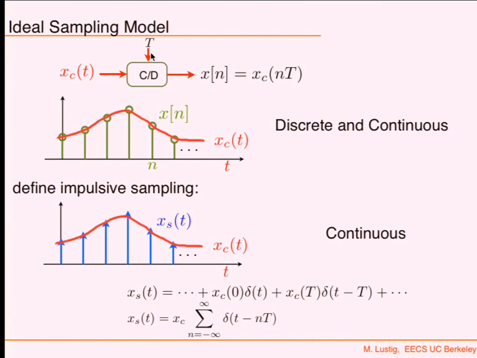It produces samples every T seconds. And out of that system, it will produce a discrete signal, which is the evaluation of the continuous time signal at times n times T. n means an integer. So, continuous to discrete: you've got this continuous, red, nice, beautiful line.